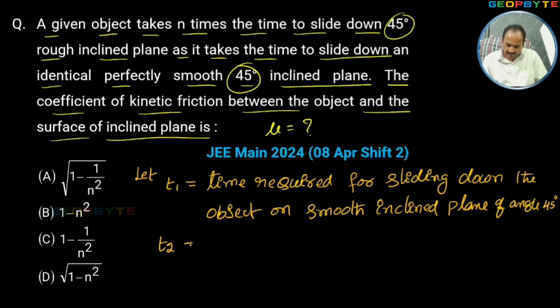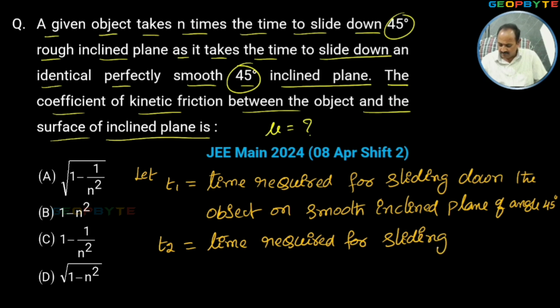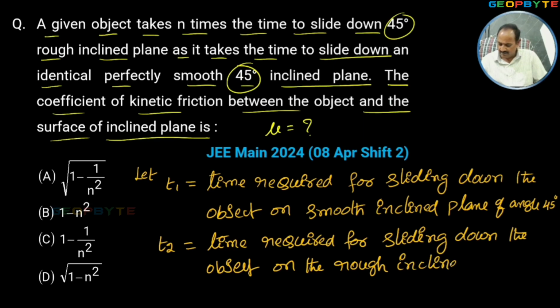Similarly, T2 equal to the time required for sliding down the same object on the rough inclined plane of angle 45 degrees.